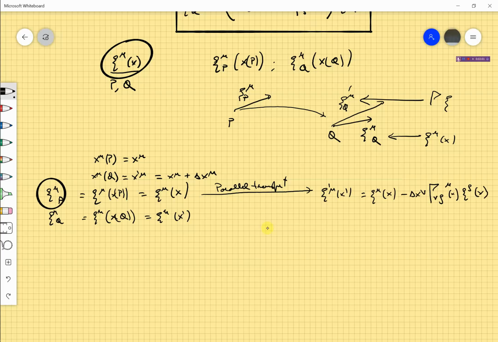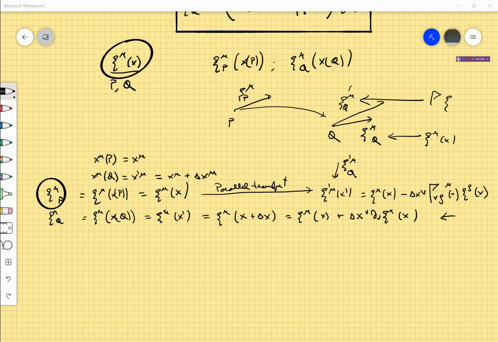About this, we know that this is just x plus delta x, and we can expand in a Taylor series, so this would be psi mu of x plus delta x nu partial nu psi mu of x, and these are the two quantities, this one and this one, that we want to compare.